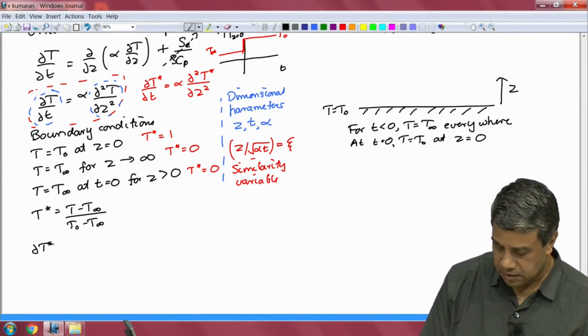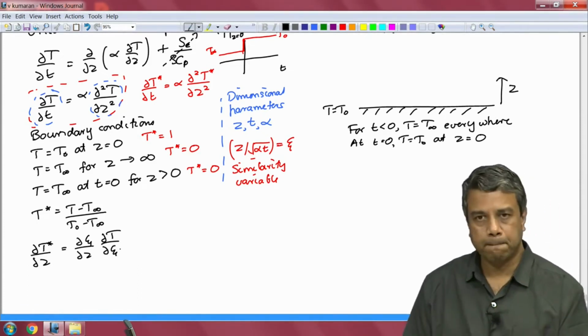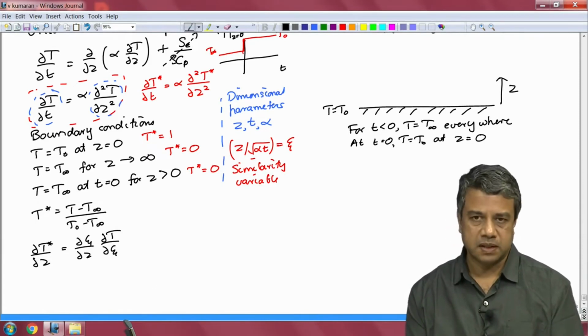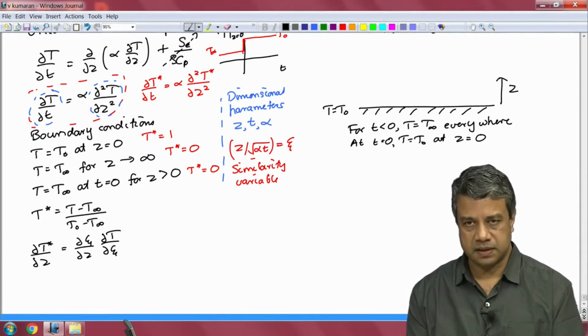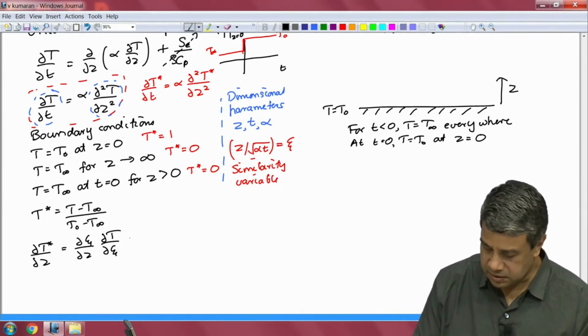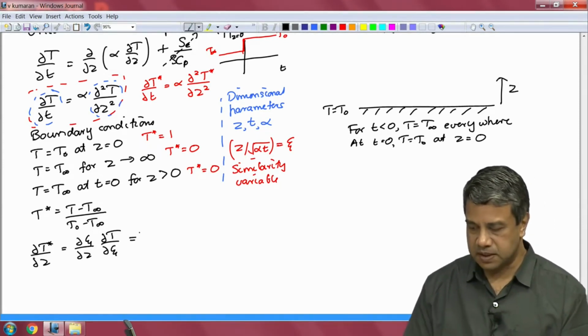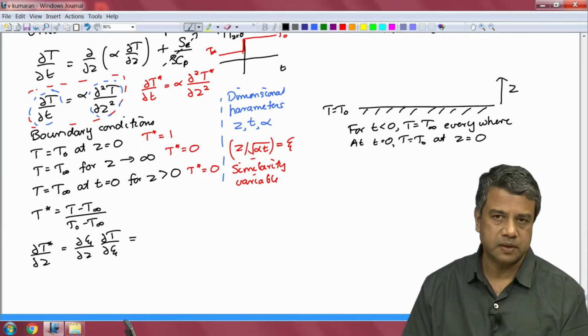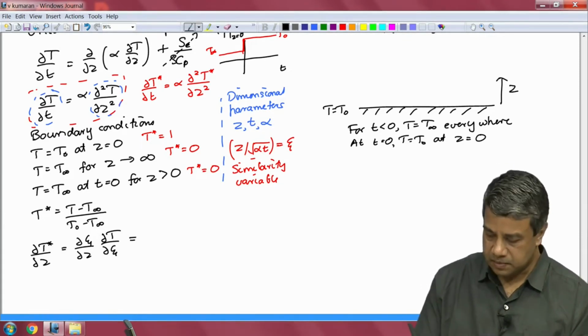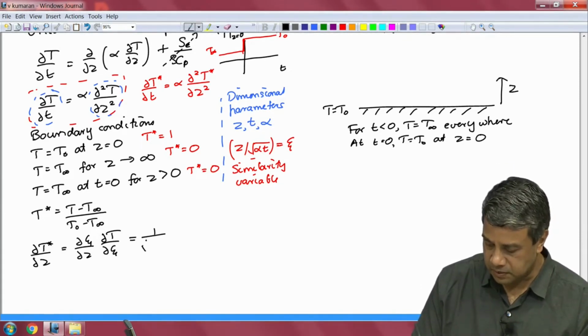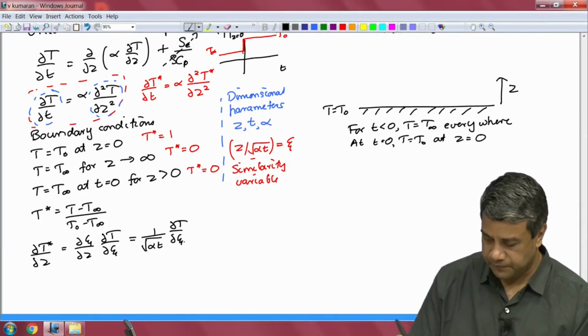Partial t by partial z is equal to partial psi by partial z into partial t by partial psi, using the chain rule for differentiation. Psi is equal to z by root alpha t, so partial psi by partial z is 1 over root of alpha t, times partial t by partial psi.